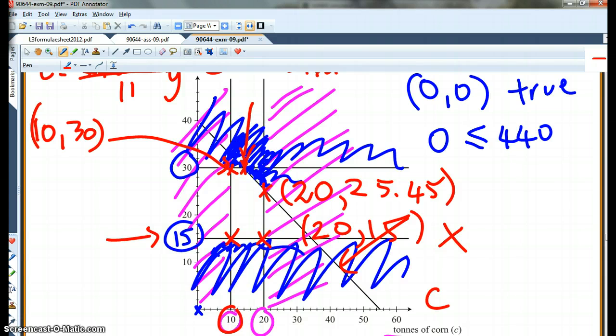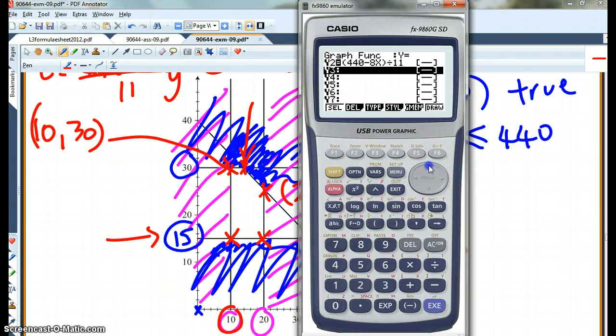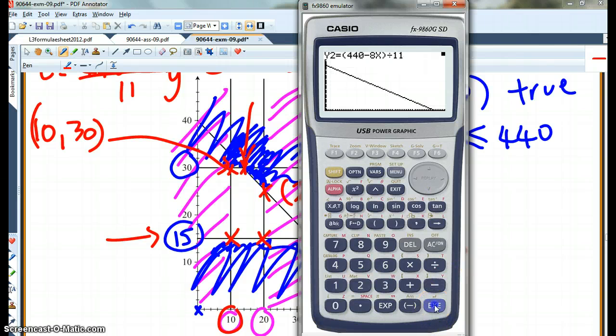I'm going to just use my calculator. I am going to get rid of that one. Delete. Yep. And I'm only just going to worry about this one. And I'm just going to go shift G-solve.